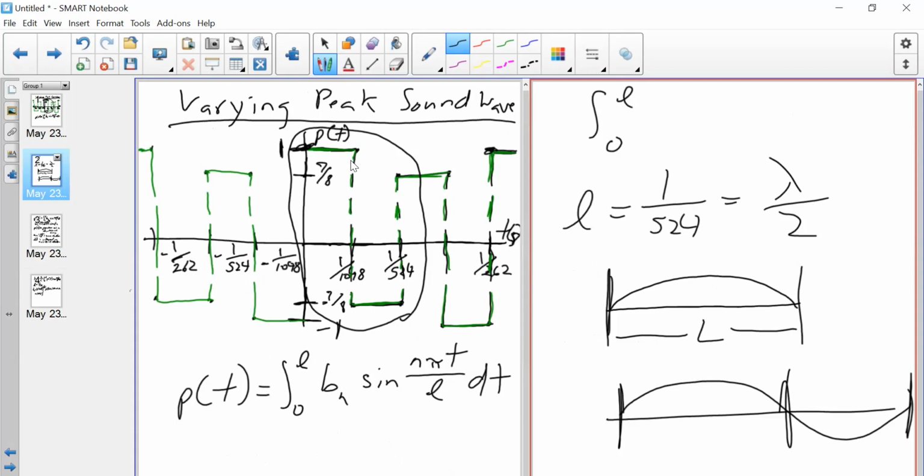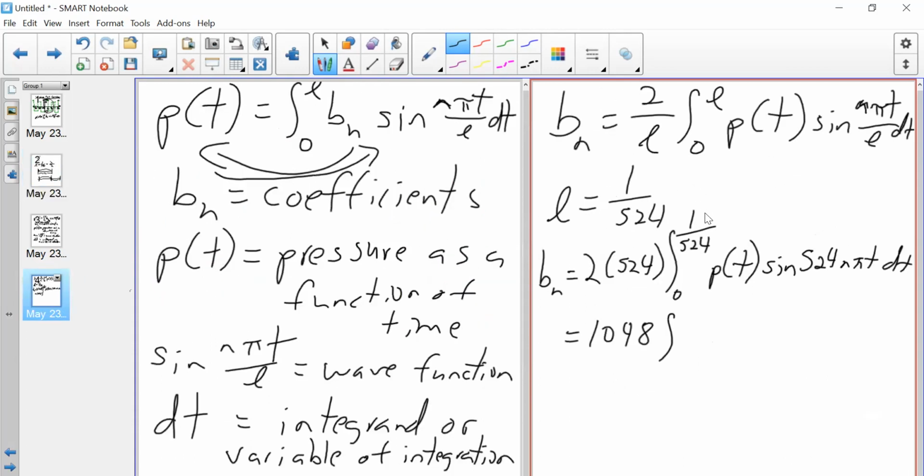So let me go back and repeat a couple things. This integral right here is the whole integral, right? Because we're going from 0 to the entire length, L, 0 to 1 over 524.